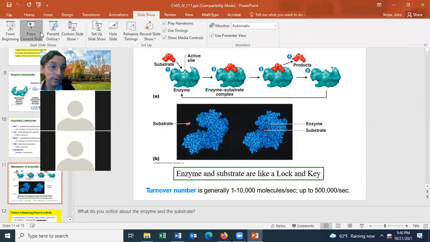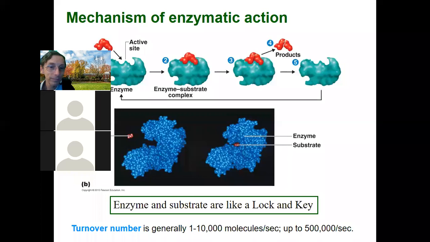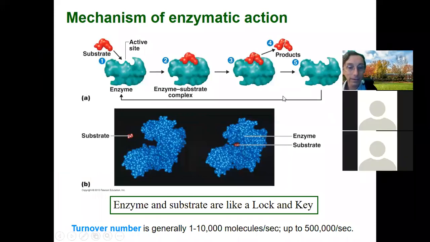All right, I'm going to ask you a few questions. Here is another model of an enzyme, and this is closer to a real one. Here's the substrate, and there's the enzyme. All of those dots are amino acids in a protein, so there's a lot of them.